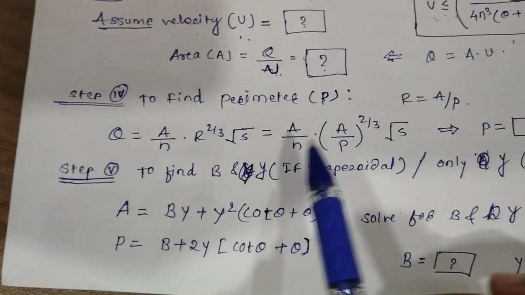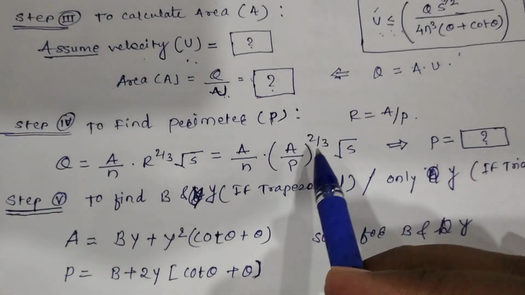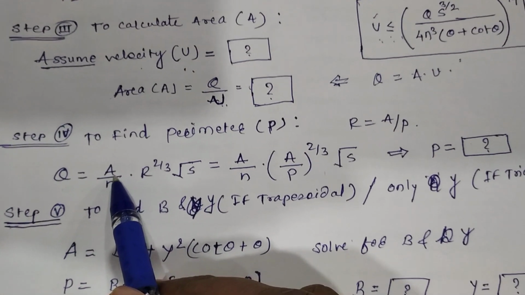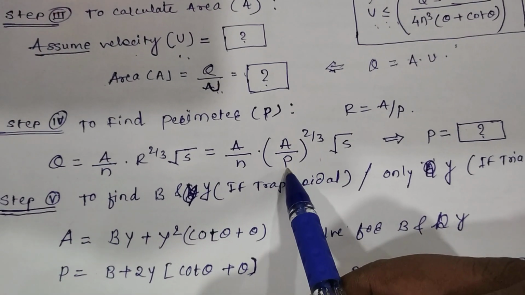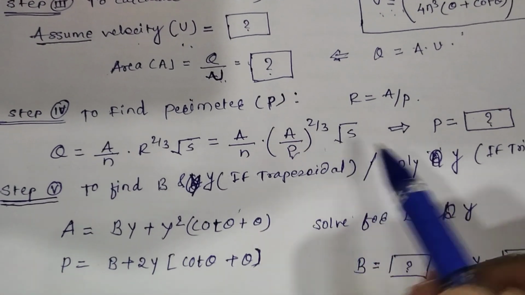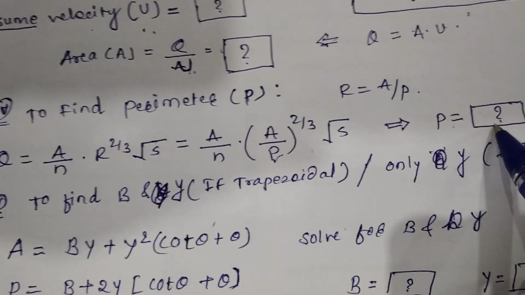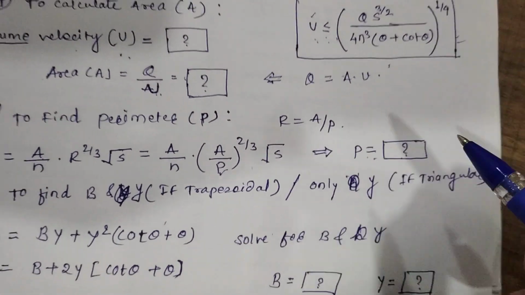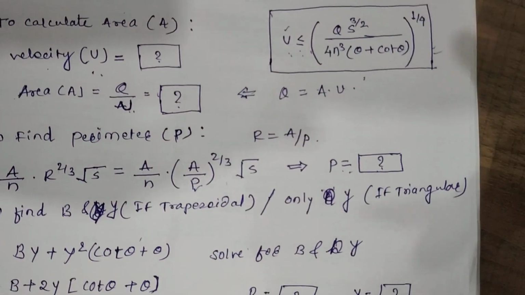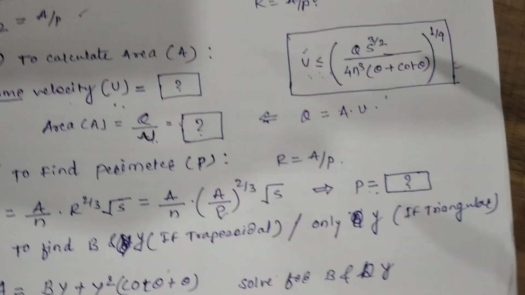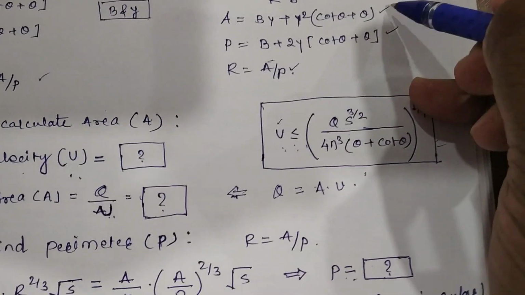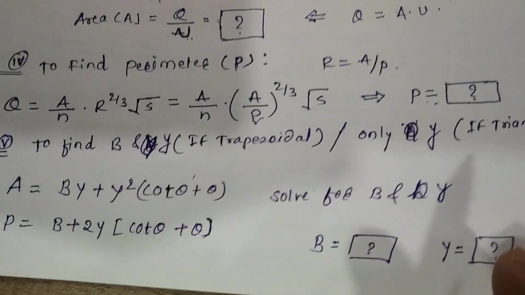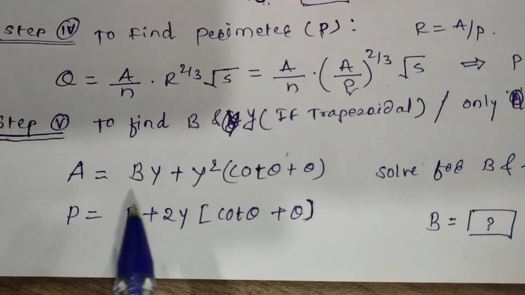We can write R is equal to A by P. Based on this we know the flow, we know the area, the only unknown is P, so you will easily get the P value. So we have the area and we have the perimeter, giving two equations.